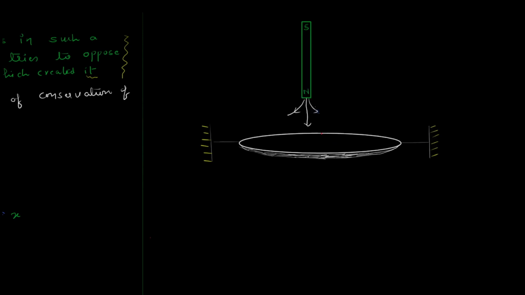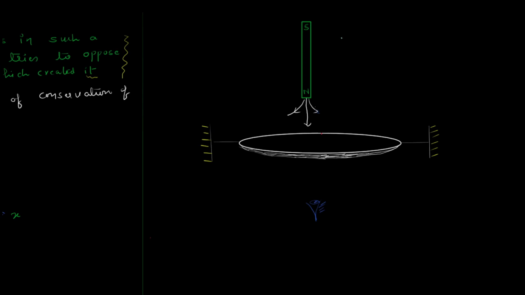Now with this situation, with the ring being horizontal, let's say you're trying to watch the whole situation from below. Let's say this is your eye, you're seeing the whole thing from the bottom, right?